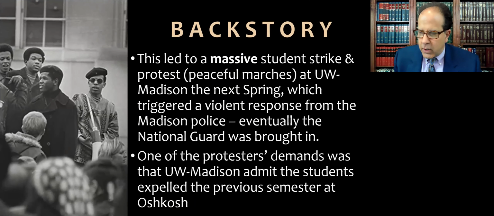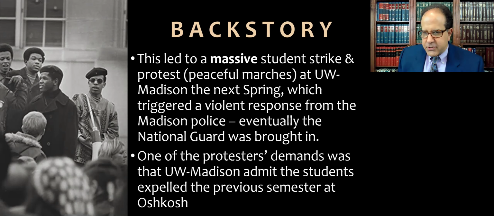He wasn't the only one. So this happened in November at the end of a semester in 1968, right before finals. And the next spring, early in the spring, there were massive student protests and strikes, peaceful marches in Madison, at University of Wisconsin-Madison, the other campus, which kind of triggered a bit of a violent overreaction from the Madison police, and eventually the National Guard is sent in to stop it.